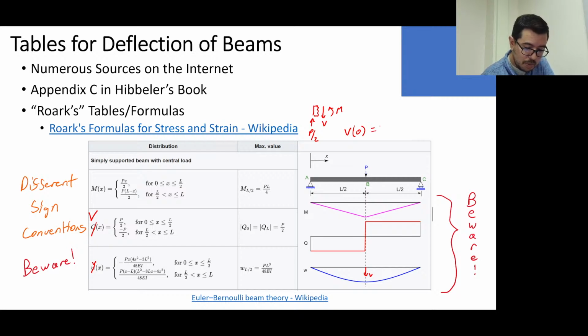That is equal to P over 2, positive. But look, they use a different convention. They're saying it's negative. It's below the axis. So this is also flipped.